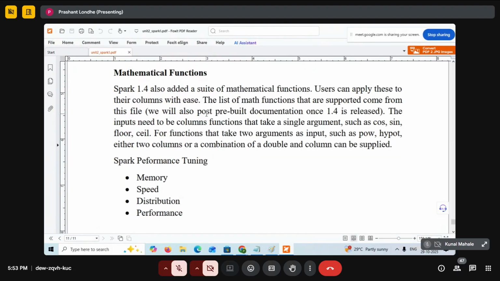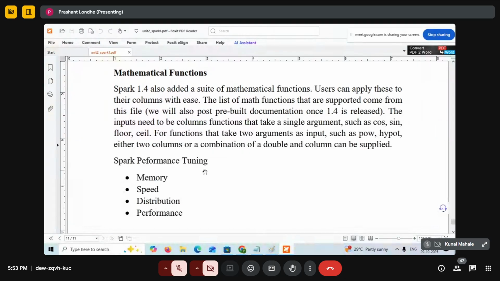And the last part is performance. Memory, speed, distribution, and performance. The performance is related to the quality of the services, and the quality of the services is totally dependent on the data, that is, how well you are processing your data, how well you perform the data pre-processing, and based on that you are able to generate the respective solutions accordingly.